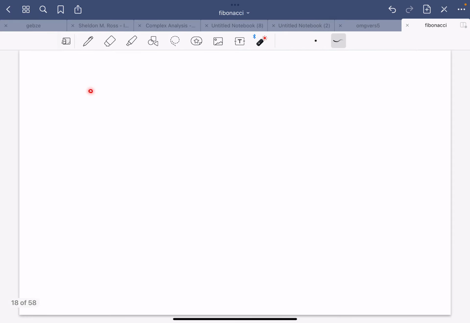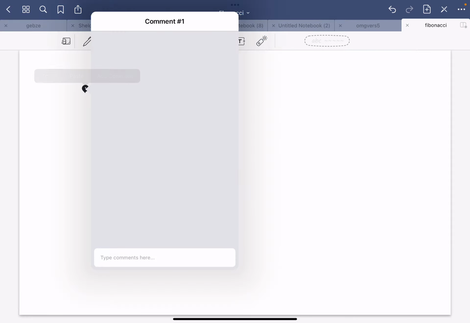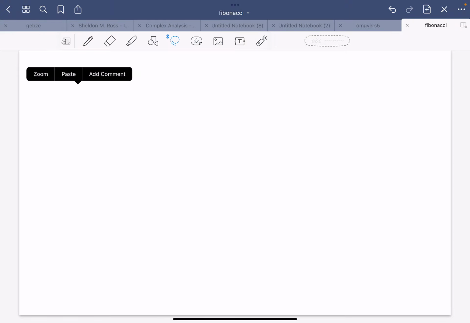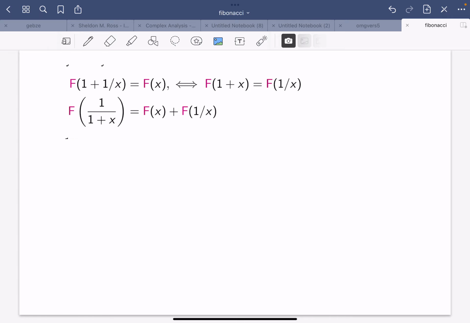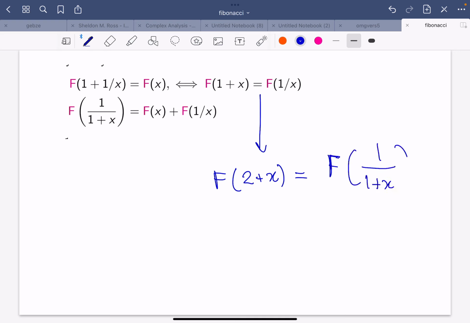Now, let us look at the functional equations. From this equation, if I write x plus 1 in place of x, we get f of 2 plus x equals f of 1 over 1 plus x, which is precisely what I have here.